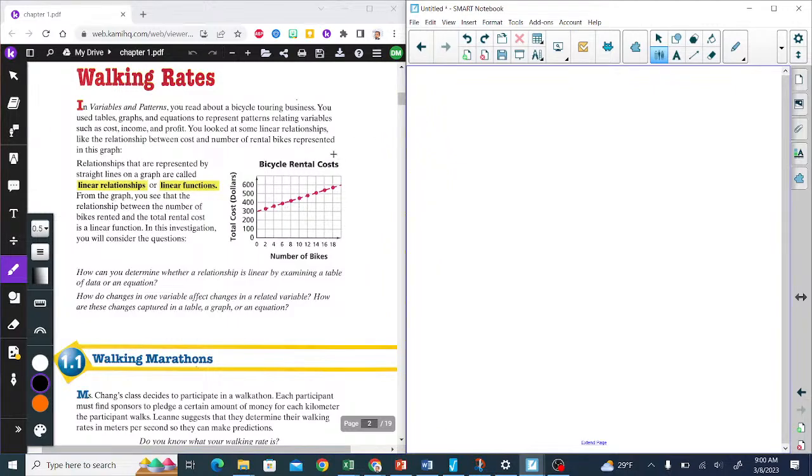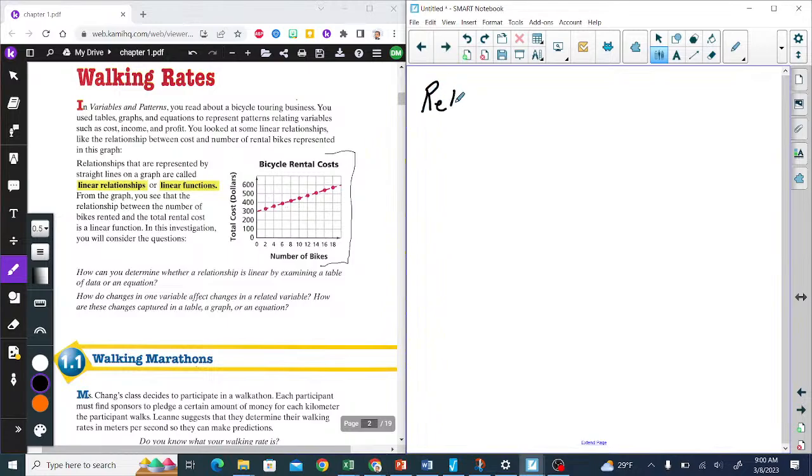So let's start there. This right here is an example of a linear relationship. It's a linear relationship because relationships represented by straight lines on a graph are called linear relationships or linear functions. So that's a key idea.